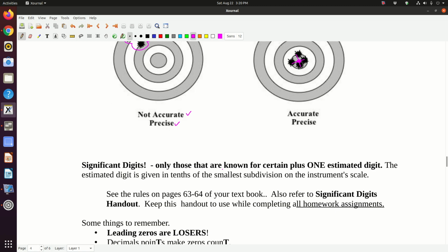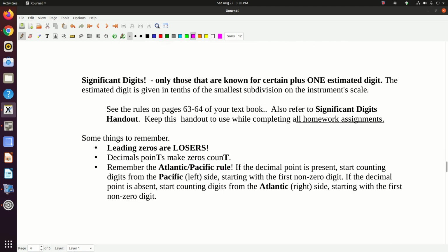Okay? That brings us to significant digits, and this is where we really need to pay close attention, but we have a fun way of learning it, and it's pretty easy. The hard part is keeping up with the rules as you move forward in your calculations, but you get to use a reference sheet, and I have one on significant digits that you can print out and keep in your reference sheets at all times.